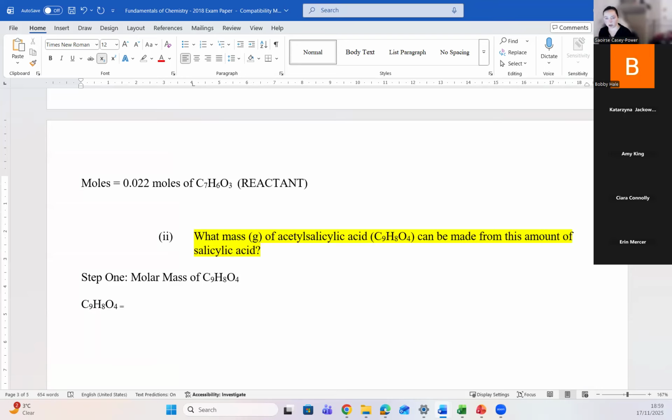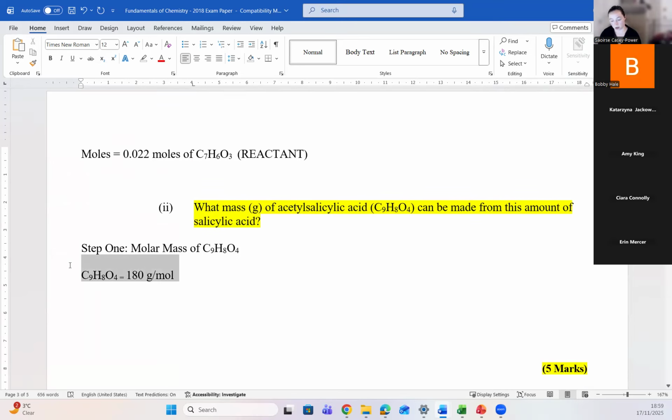I'm happy to call out. Okay, so this one should be 180 grams per mole. It's done in the exact same way that we would have done previously. Now we have our molar masses of what we need, so now we need to look at our ratio between our reactant and our product.